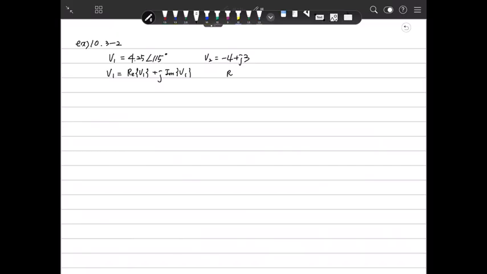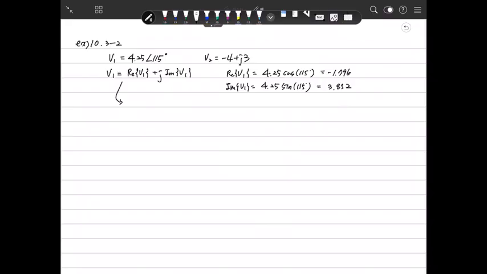The real term of V1 is the magnitude 4.25 times cosine 105 degrees, and the imaginary term of V1 is 4.25 times sine 105 degrees. Those values are minus 1.796 and 3.852.